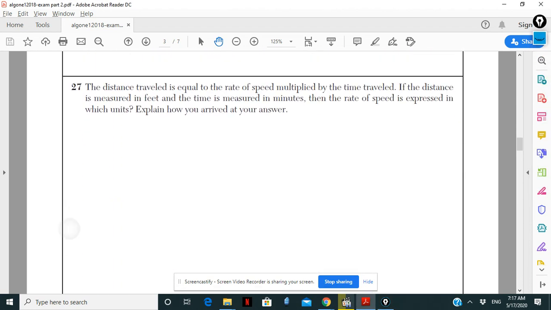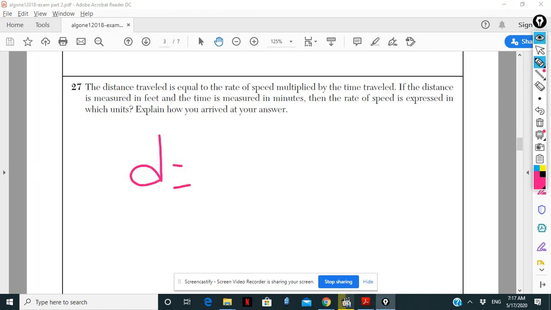Question number 27. The distance traveled is equal to the rate of speed multiplied by the time of the travel. So d equals speed multiplied by time. If the distance is measured in feet and the time is measured in minutes, what's the rate of speed?